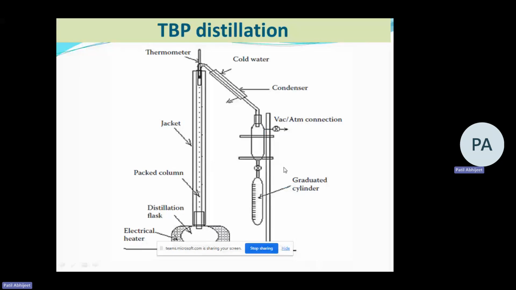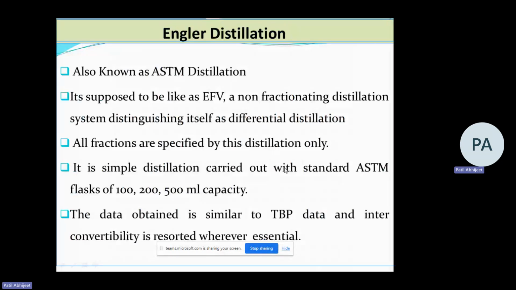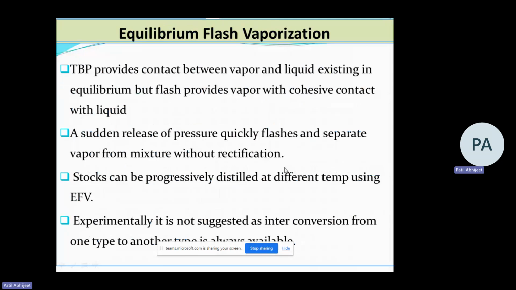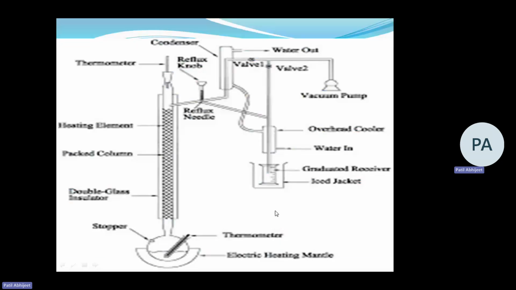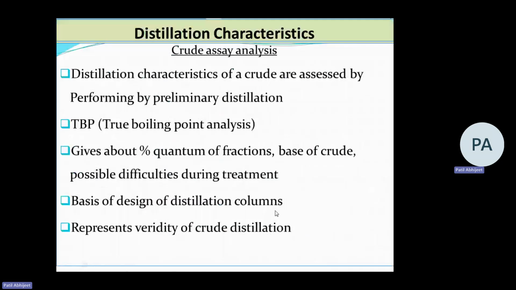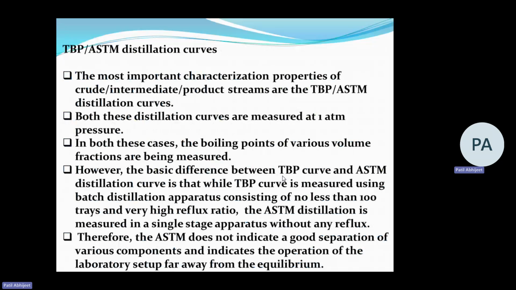In the last class, what we saw was distillation characteristics, how to make the crude assay analysis, then TBP and ASTM distillation curves. We have seen that the true boiling point apparatus is like a batch distillation, correct?